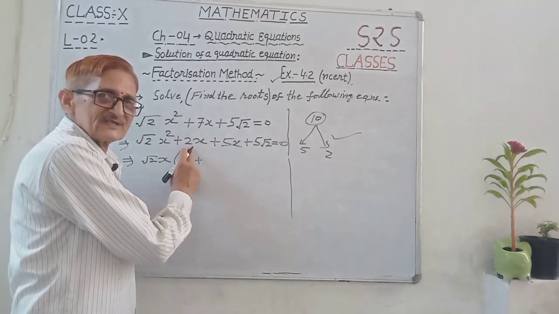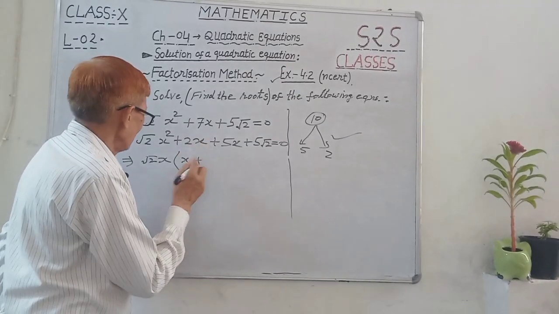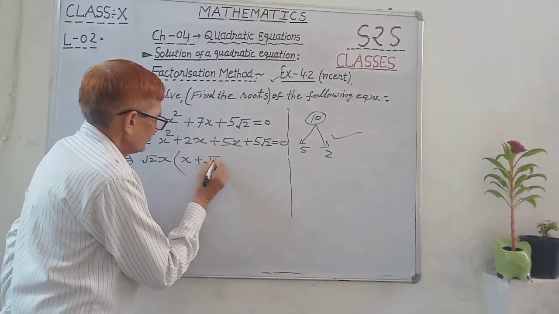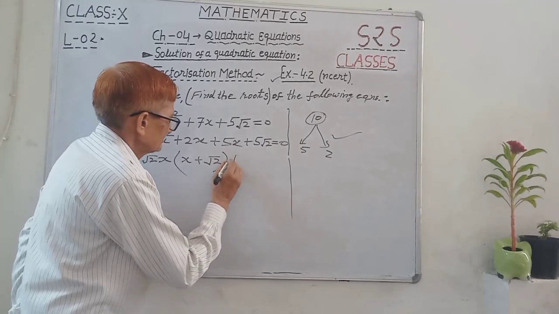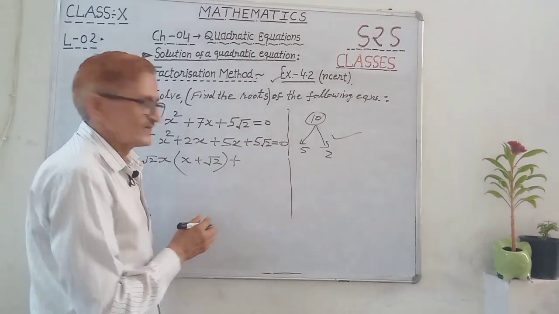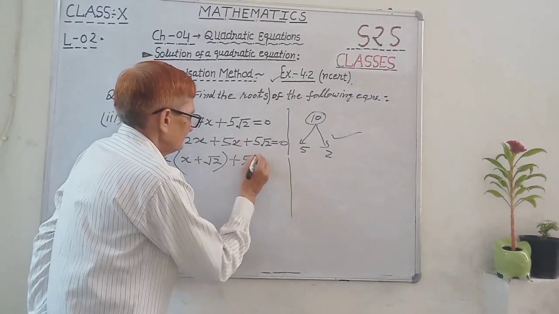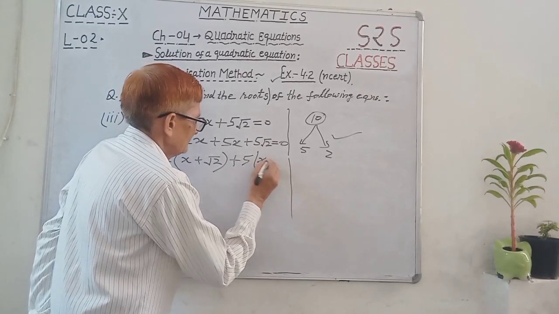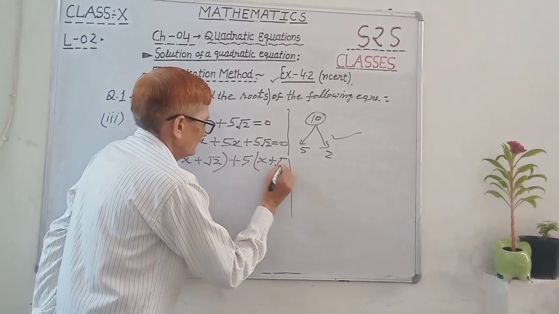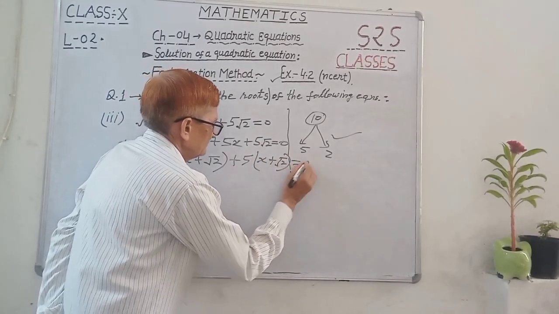So root 2x left, then root 2 left. Plus 5x and 5 root 2, 5 is common, then x plus root 2.